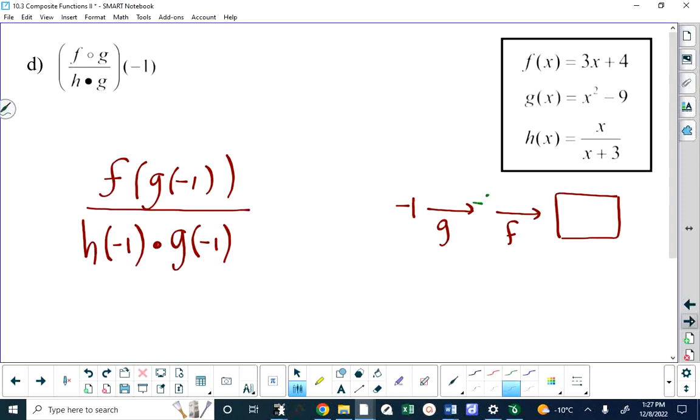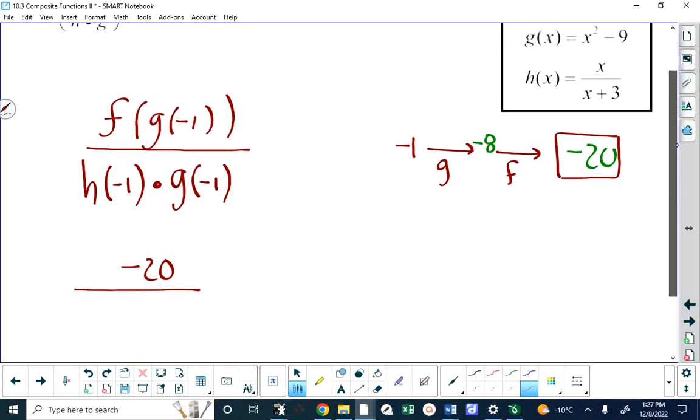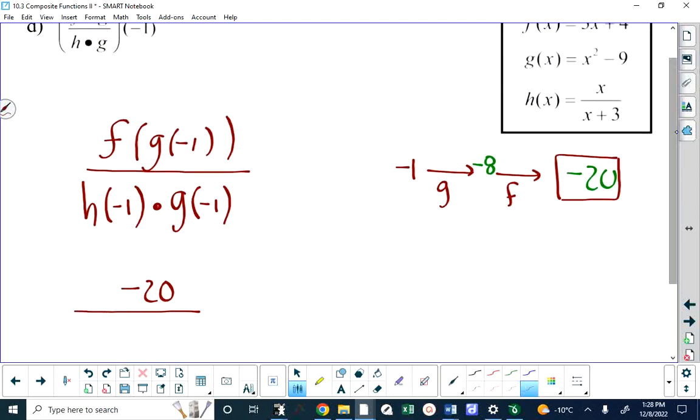Can I get hallelujah on that? Good. Negative 8 through f gives me negative 20. Another yes? So we have negative 20 on the top. On the bottom, h of negative 1, I put negative 1 in there, and I get negative 1 over positive 2. I get negative 1/2.